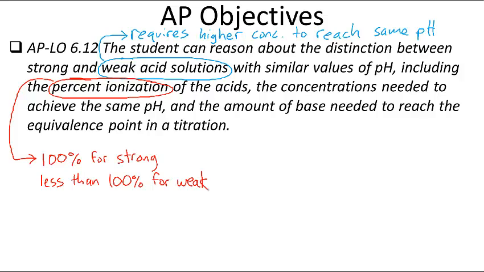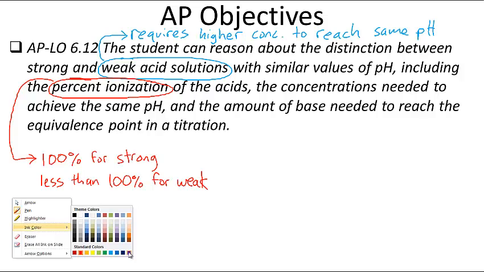And the amount of base needed to reach the equivalence point in a titration. Well, we said the weak acid has to have higher concentration. So what does that mean about how much base we would have to add to reach the equivalence point? More base is needed.